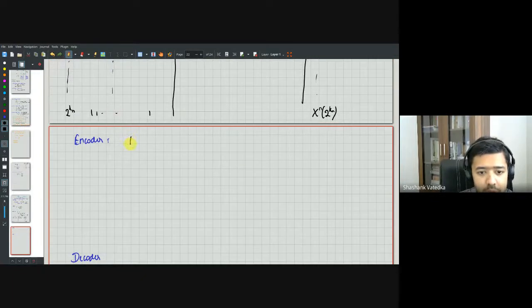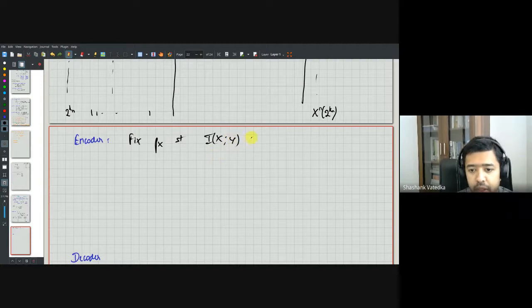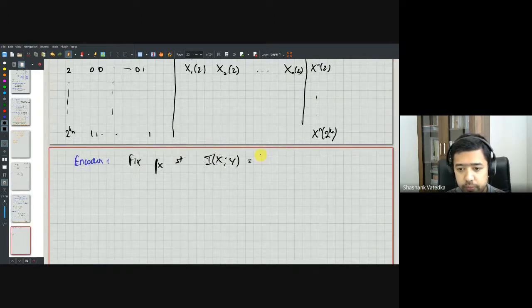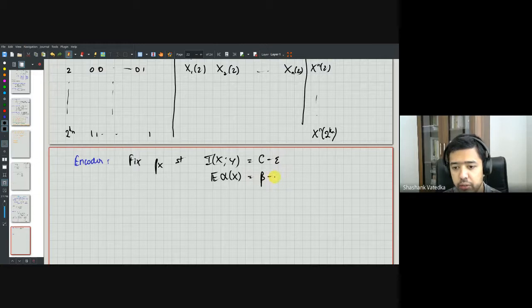All right, so firstly you fix a px such that the mutual information between x and y is, let us say, equal to the capacity c minus some quantity epsilon, and the expectation of alpha of x is equal to beta minus say epsilon.